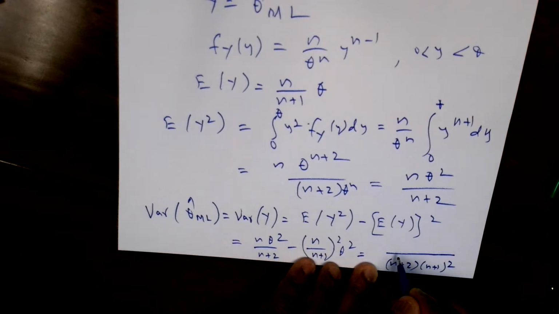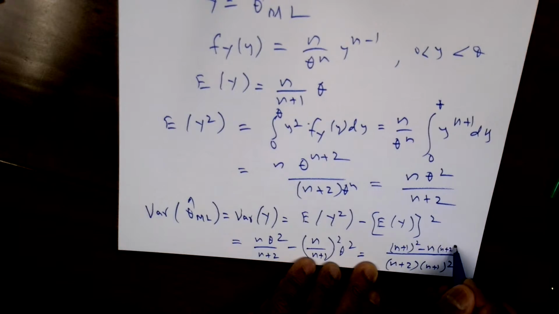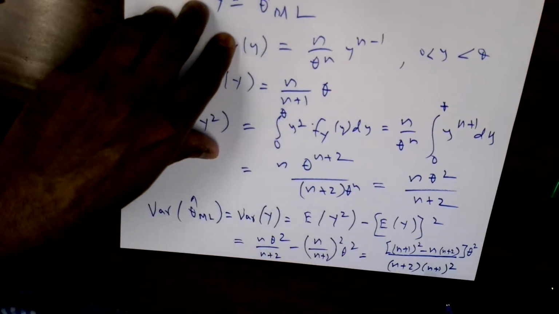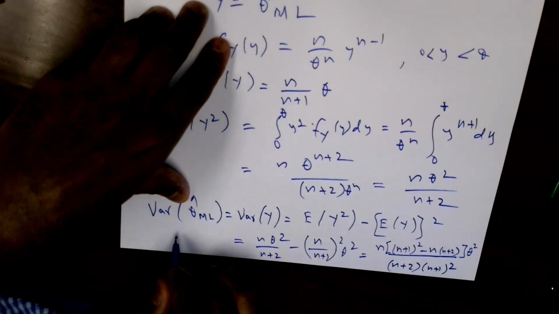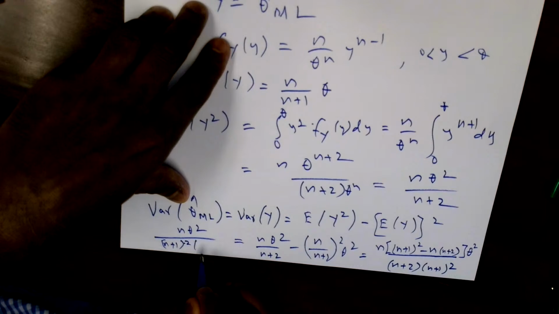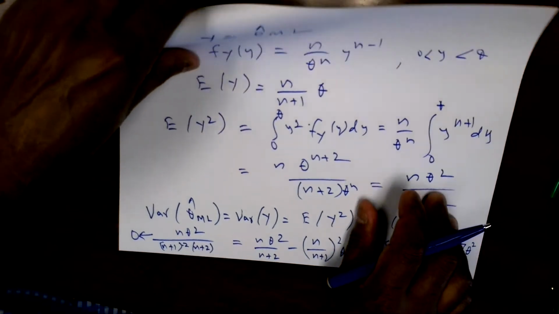Here you have n times (n plus 1) squared minus n times (n plus 2), multiplied by theta squared, I guess. So notice that when I expand this, n squared cancels, 2n cancels, then I have 1. And so that's it. The answer will turn out to be, if I did it correctly, n theta squared over (n plus 1) squared multiplied by (n plus 2). This also goes to 0 as n goes to infinity.